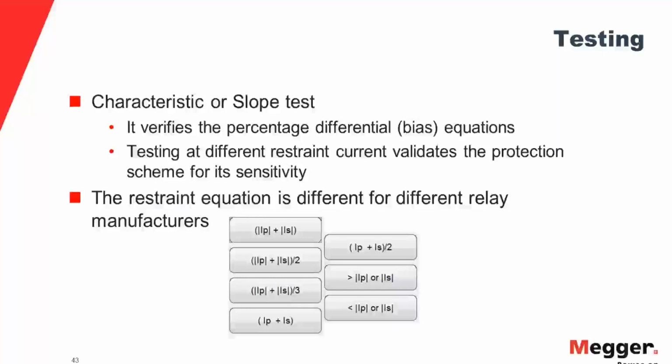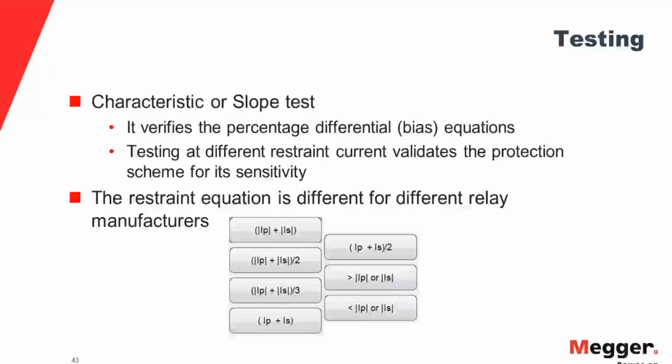Talking about the timing test on a differential, it is very important to do to validate your time coordination studies. You perform the timing test to make sure that the expected trip time of the relay for internal faults is right.